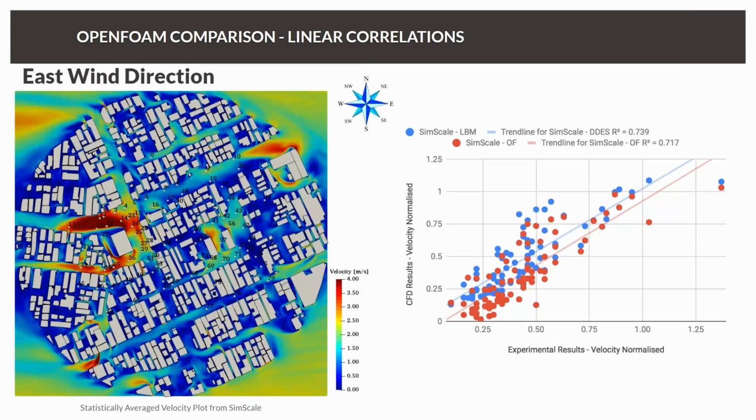So here we've got the linear relations again. We've got the R2 value of 0.739 in this scenario versus 0.717 for OpenFOAM. So we get an increased amount of accuracy for the SimScale Lattice-Boltzmann solver. It's also not too dissimilar from OpenFOAM.